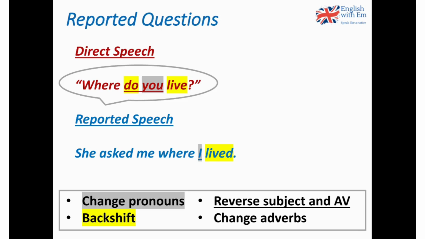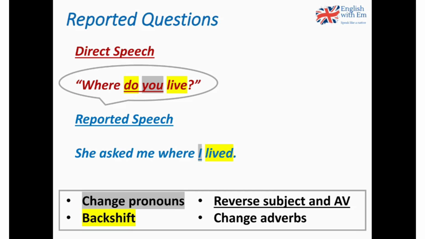Now, reverse subject and auxiliary verb. There's no auxiliary verb in the reported speech version. That's because in the past simple, in a positive phrase, we don't use an auxiliary verb. So only in positive do questions, this rule does not apply.